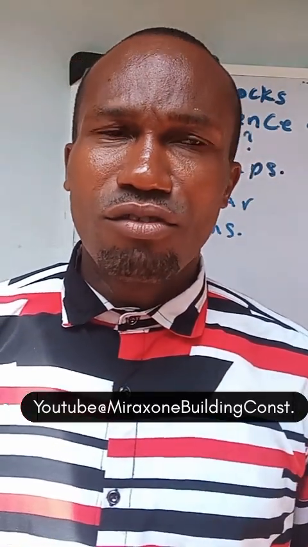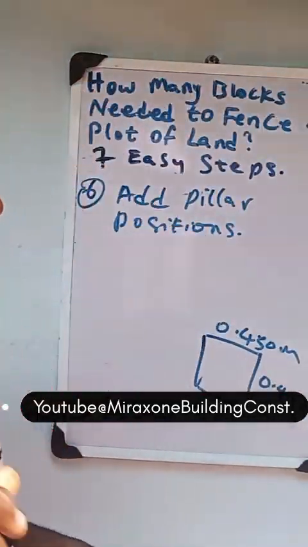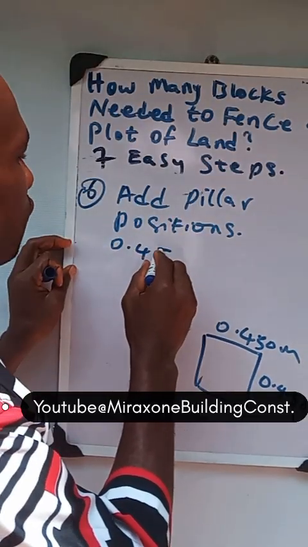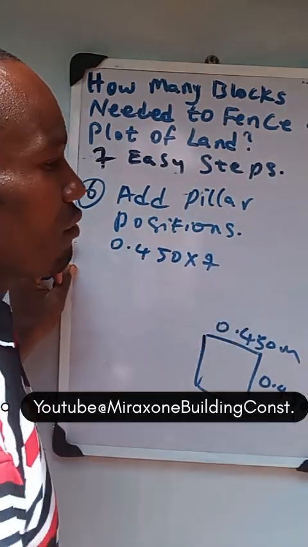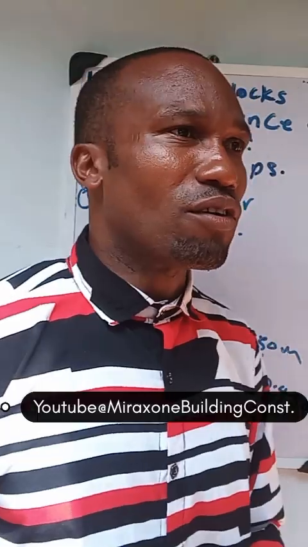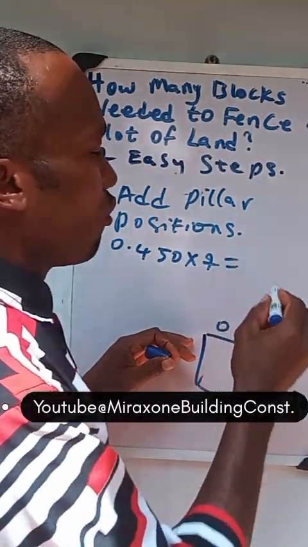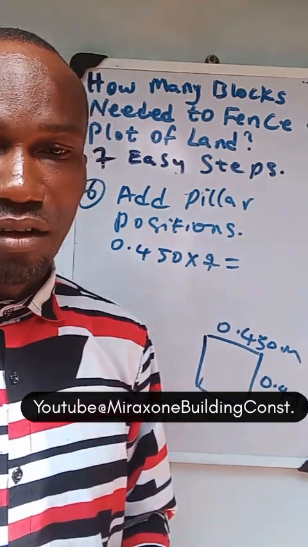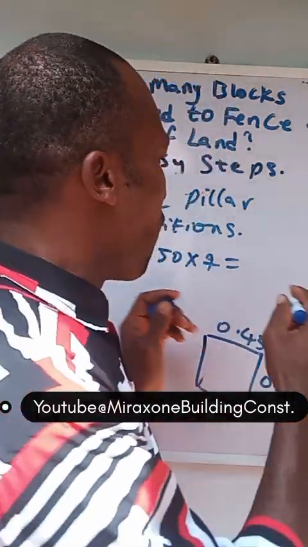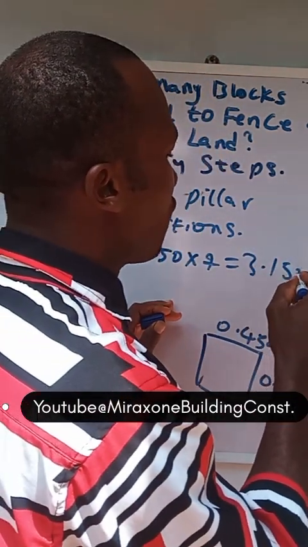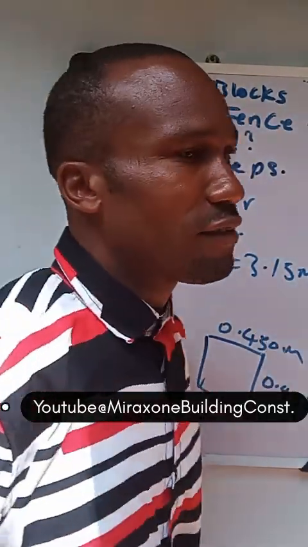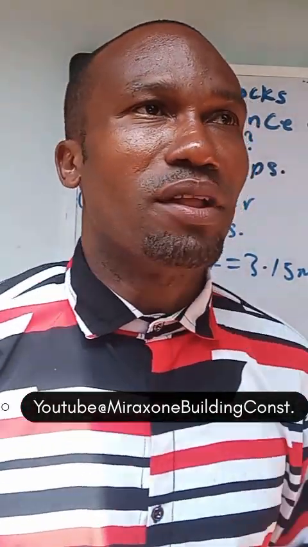Before you do that, you have to calculate. 0.450 times 7, that is for each 7 blocks, equals what? 3.15 meters. So each 3.15 meters you have to introduce this block pillar.